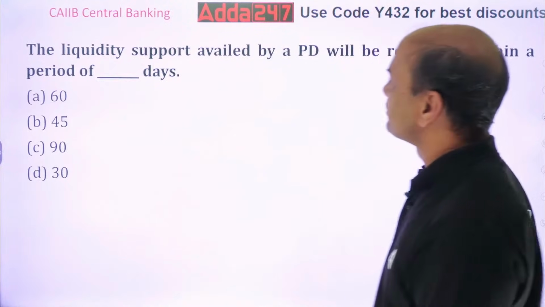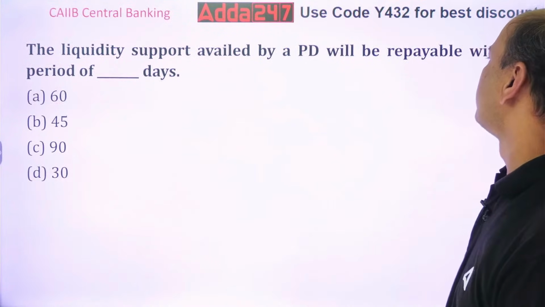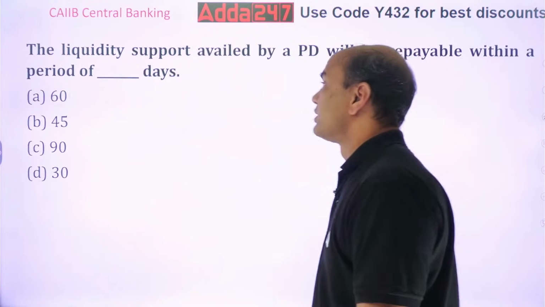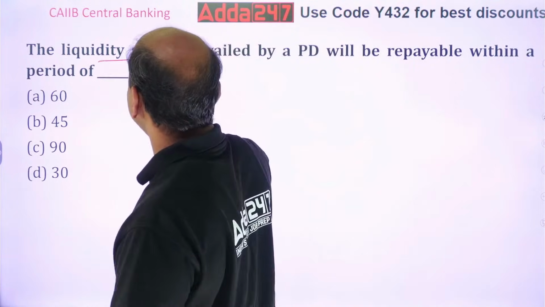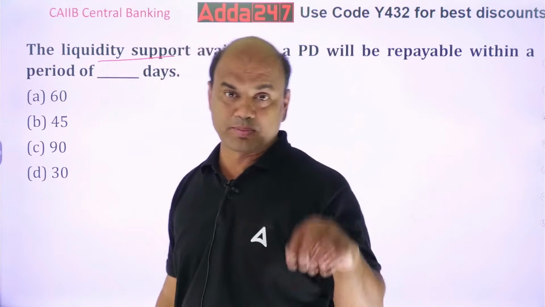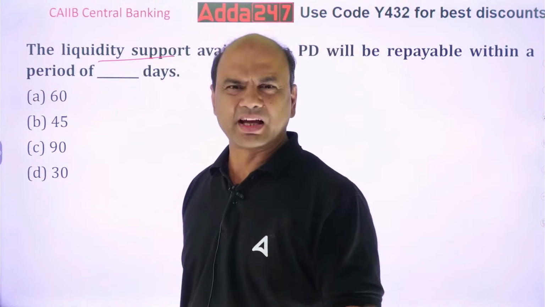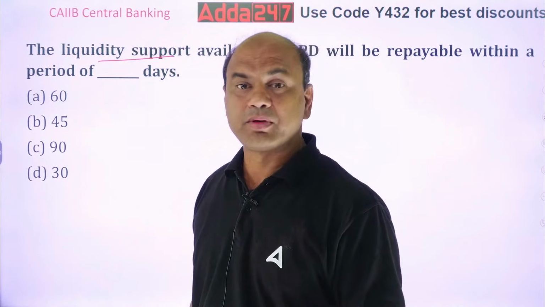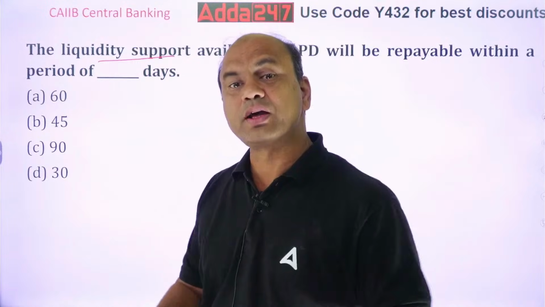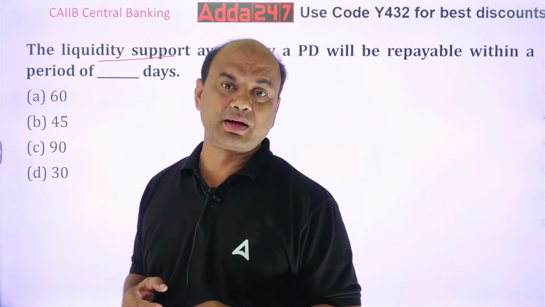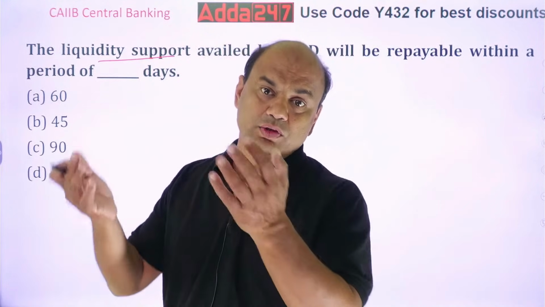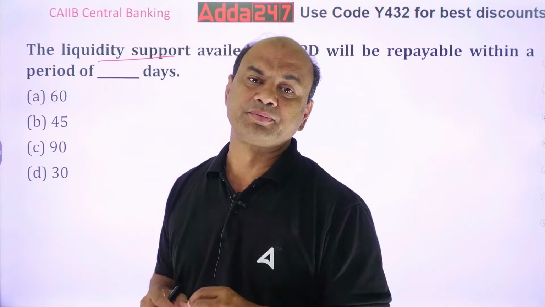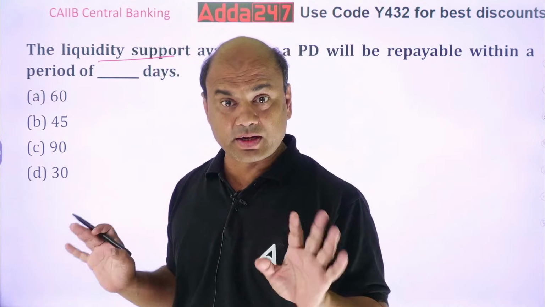The liquidity support availed by the primary dealer will be repayable within a period of dash days. Now, what is liquidity support? The liquidity support will be given by the RBI. Why should RBI support this primary dealer? When the primary dealer wants to get the bonds, treasury bills from the government or even the dated securities, he needs some money.